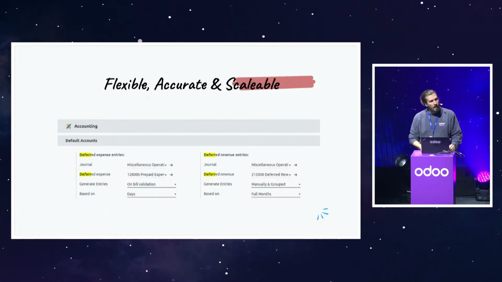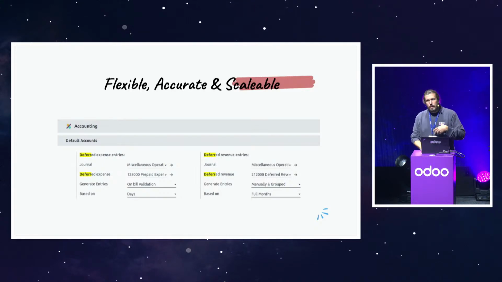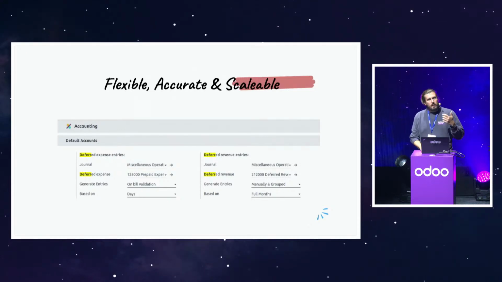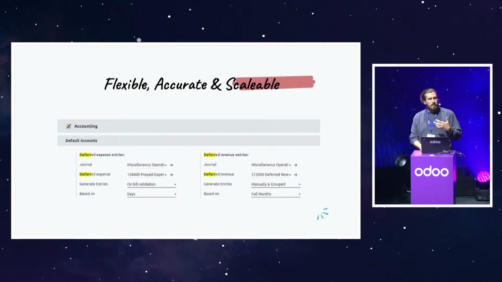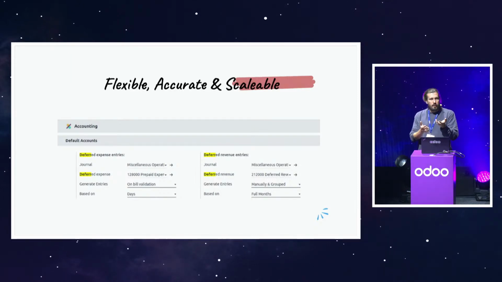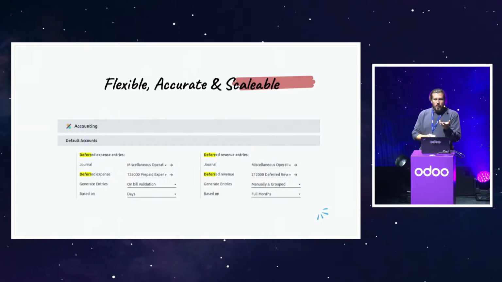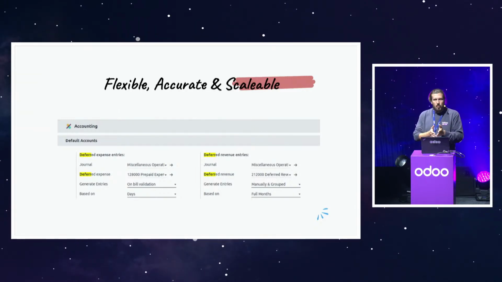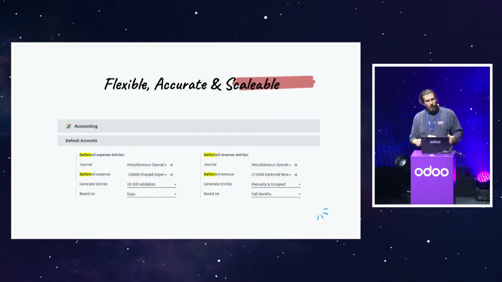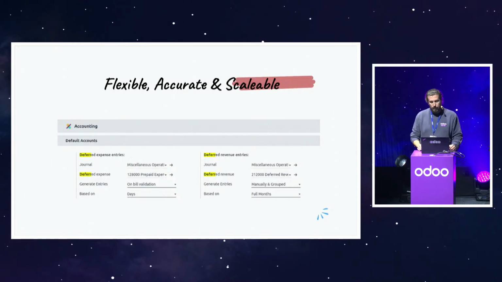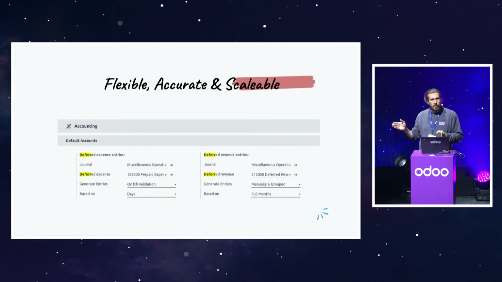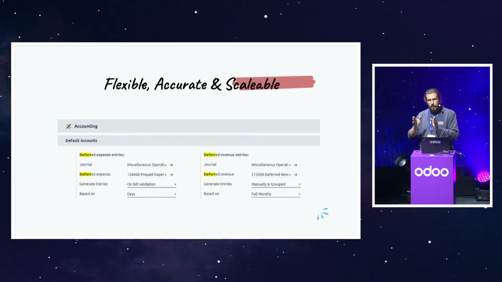Then, depending on your country, depending on the specificities of your own company, you can either compute it based on days. What I mean by that is the month of January has more days than February, 31 versus 28, and January will weigh more. If you analyze month by month, the weight of January will be higher than February, in my example. You have a second mode which is per month. All months are constant, so you divide between months.